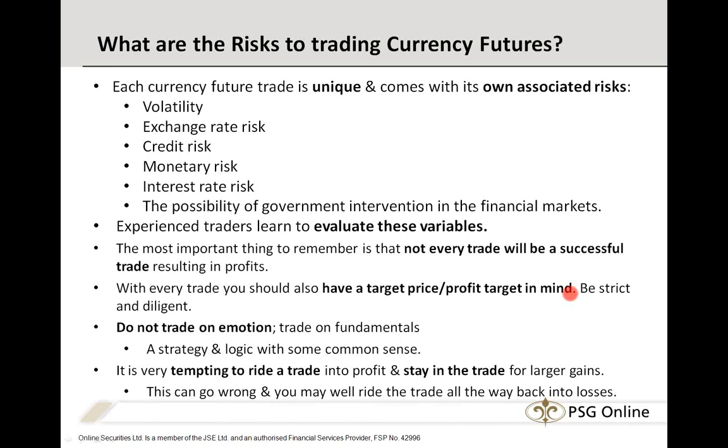So each currency futures trade is unique. Obviously, in that time and space, something might be happening, be it geopolitically, be it economically. So there's always associated risk with it. There's volatility, there's exchange rate risk, credit risk, monetary risk. That's a big thing right now.